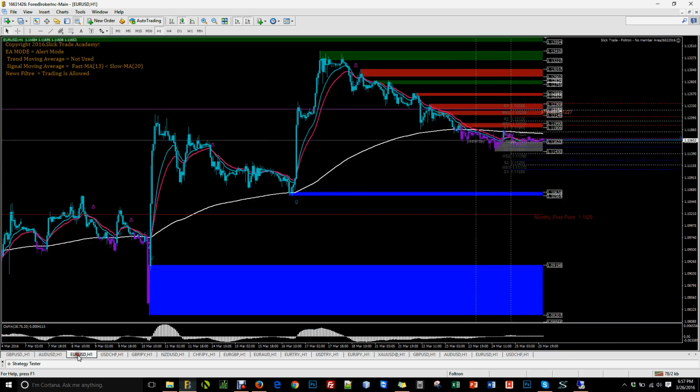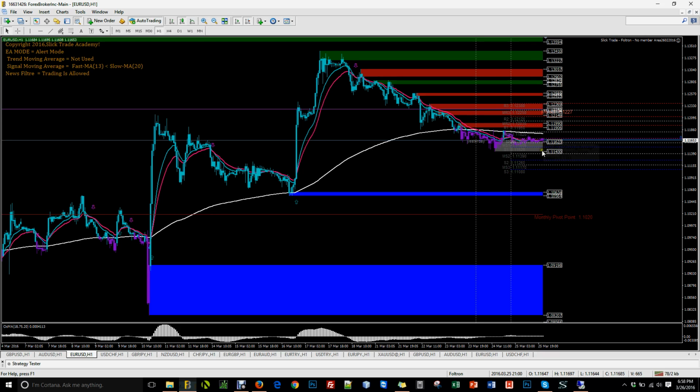Looking though at the Fultron, it's already headed down pretty heavy, but it's still showing. We haven't had a signal to the upside yet, and we're below the 200 moving average.